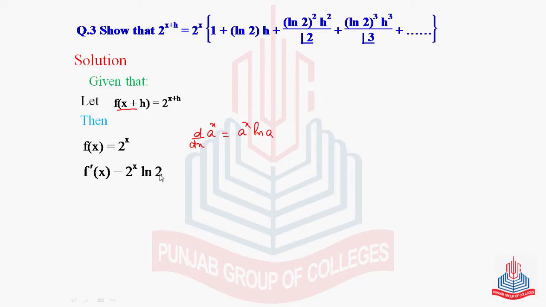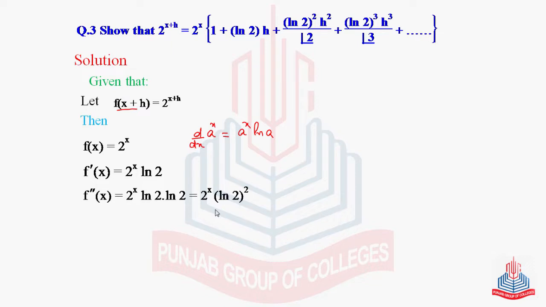Similarly, for the double derivative, this log of 2 is actually the constant term and will remain same, and the derivative of 2 raised to the power x will become 2 raised to the power x into log of 2. So log of 2 and log of 2 will become log 2 square, and this 2 raised to the power x is multiplied to this constant.